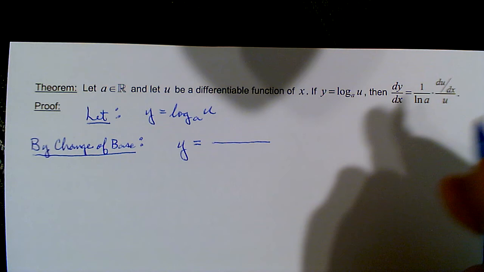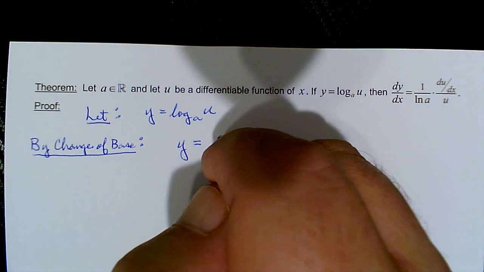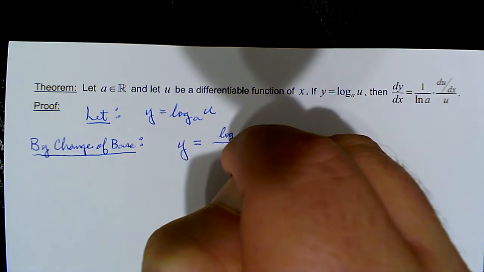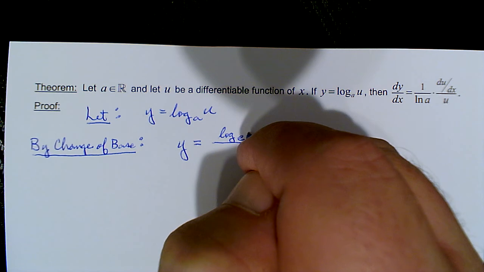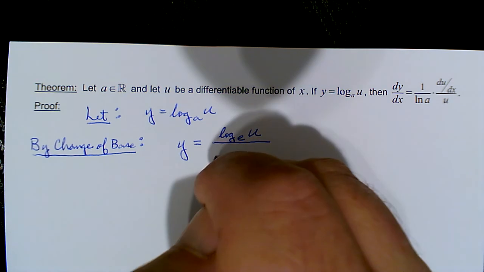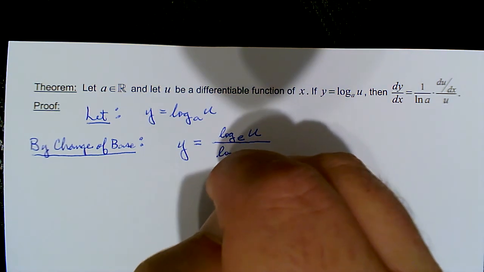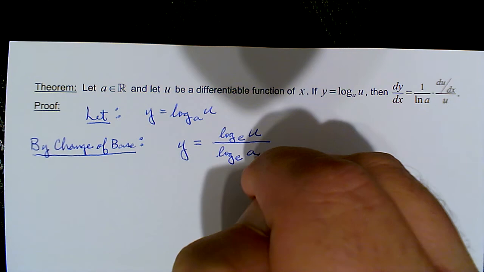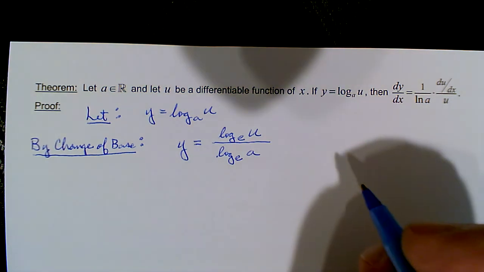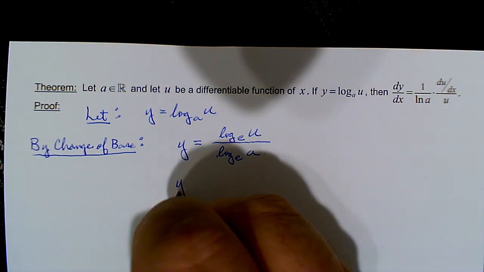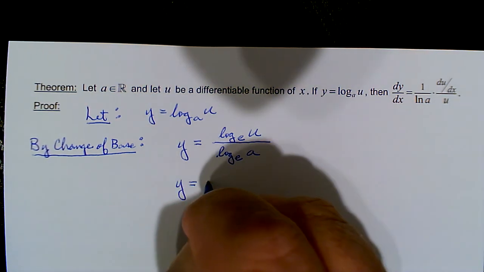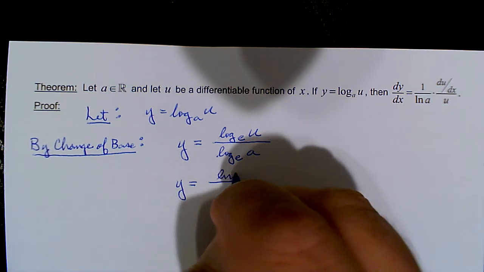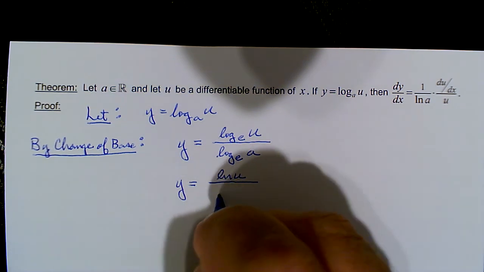So by the theorem, it's log to the new base e of u, over log to the new base e of the old base, a. Log base e, of course, is expressed as the natural log. So y is the natural log of u over the natural log of a.